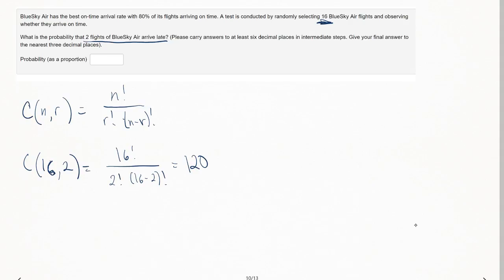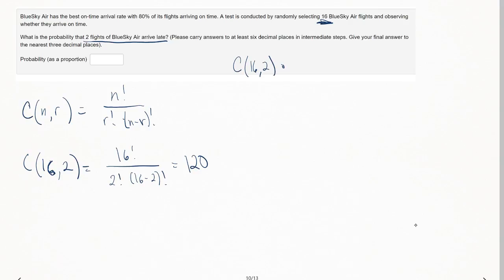And so our probability, well, we just basically take the number of possible ways we can have 2 flights arrive late. Okay, now think about this. We want on-time arrival for 14 of those flights and 2 of those to be late.